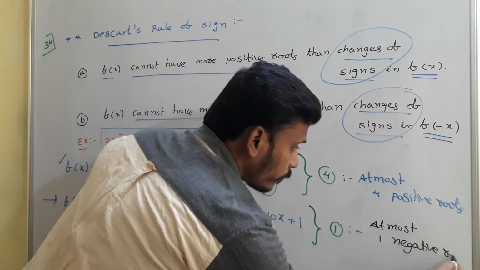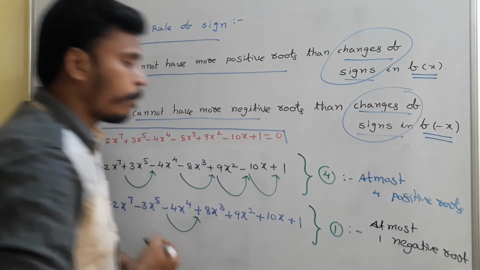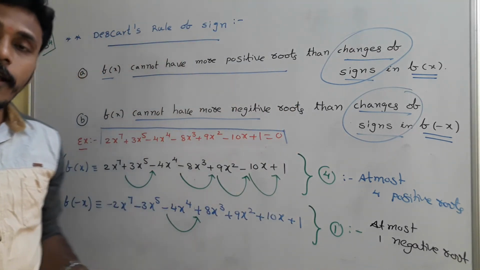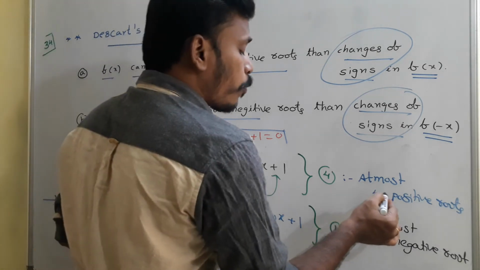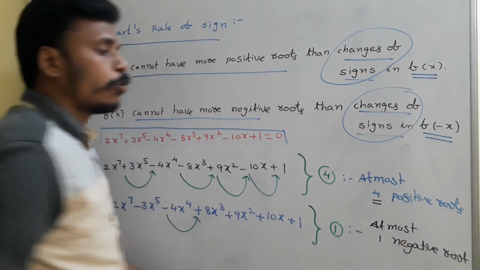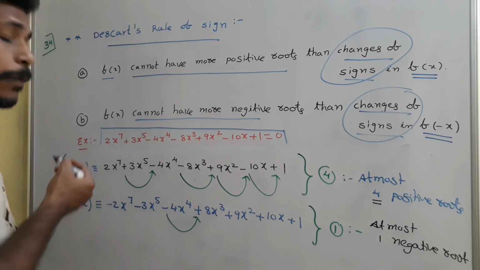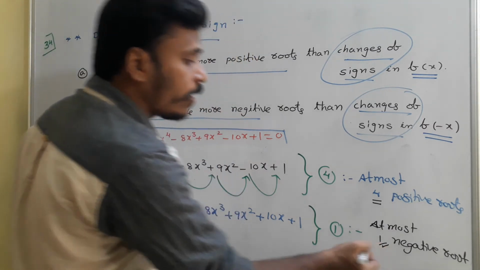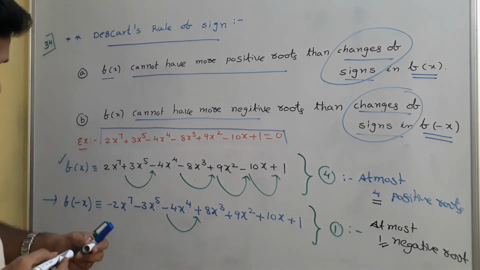By observing the number of sign changes in f of x, we are sure that this polynomial equation has at most 4 positive roots. By observing changes of sign in f of minus x, we conclude that the polynomial equation has at most 1 negative root.